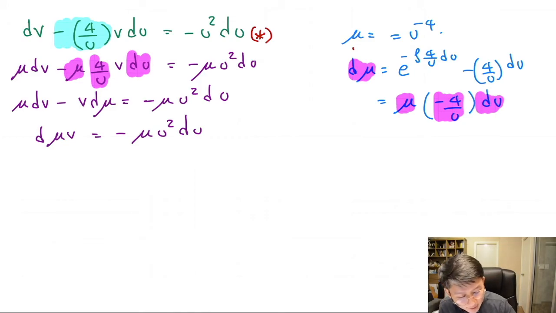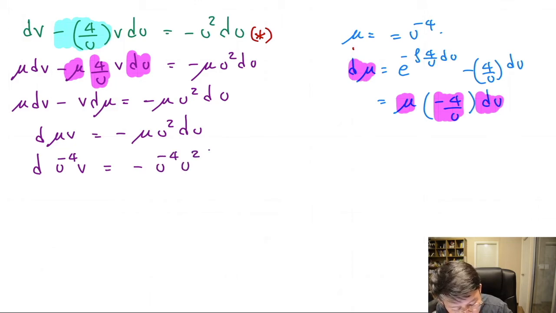So what we have is d of u to the minus 4 v equals minus u to the minus 4 u to the 2 du. And then it's d of u to the minus 4 v equals minus u to the minus 2 du.